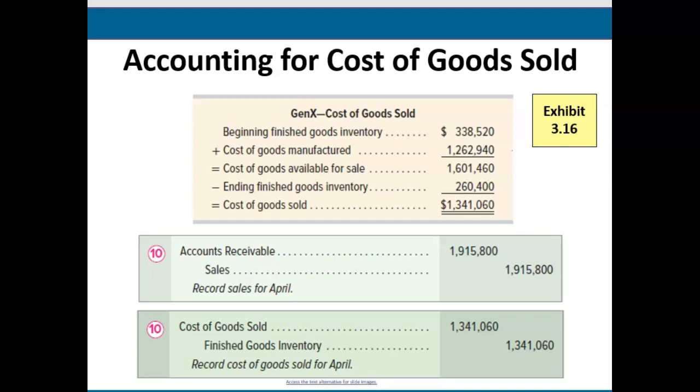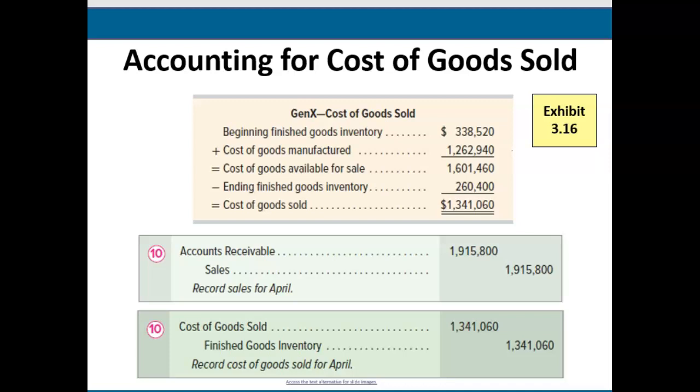Also assume that its ending finished goods inventory consists of 20,000 units at a cost of $260,400. Using this information, cost of goods sold is computed as in Exhibit 3.16.